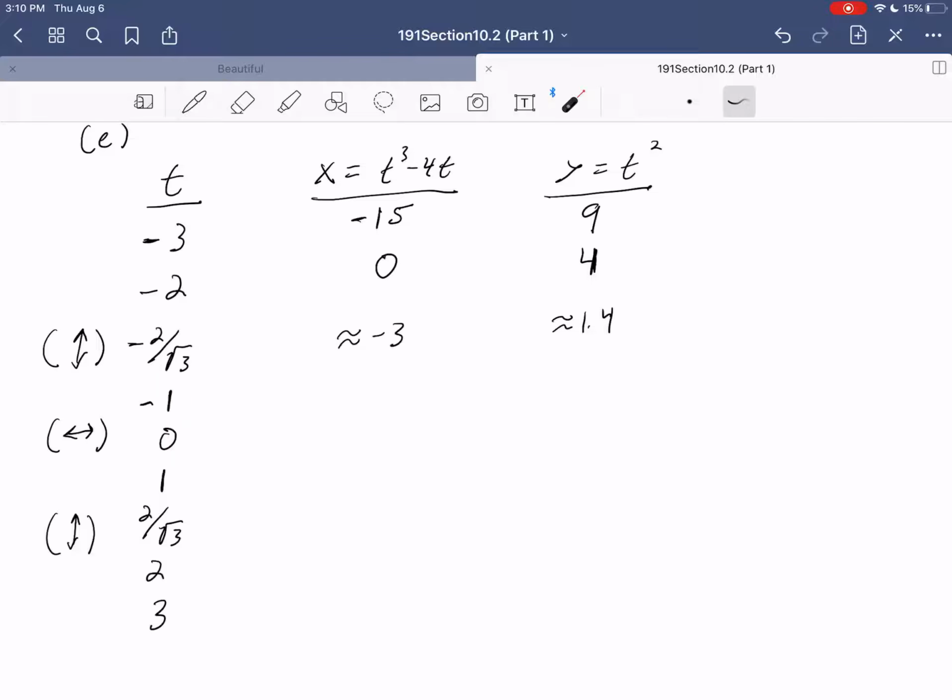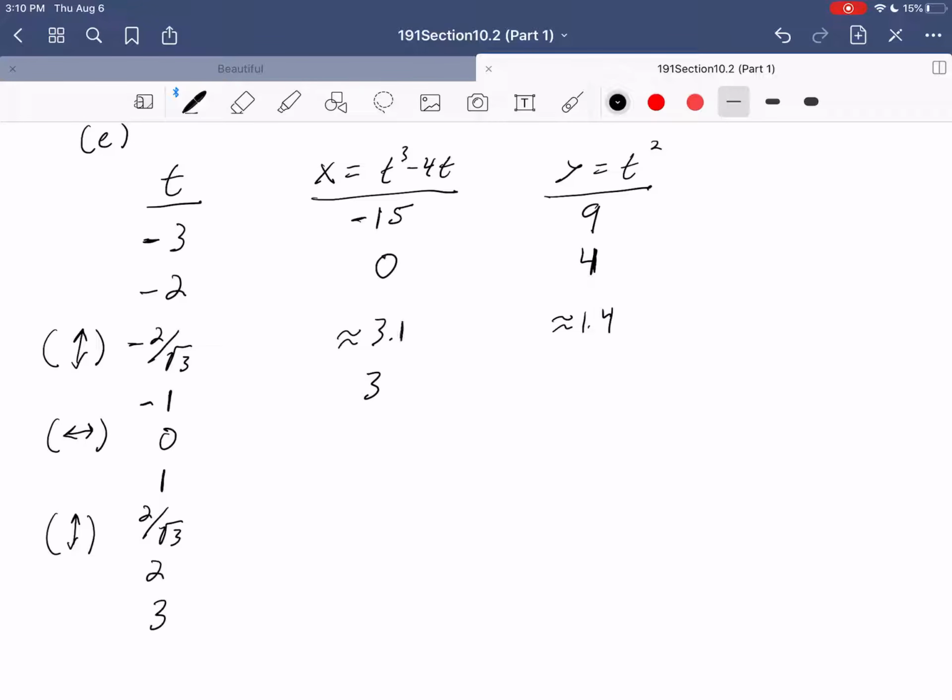Again, I'm just doing very rough approximations to get a general sense of this. For -1, if we put that in here, you should have -1 plus 4. Oh, I feel like I messed up this calculation there. Sorry, let's go back real quick. So this should be a little bit above +3, about 3.1.